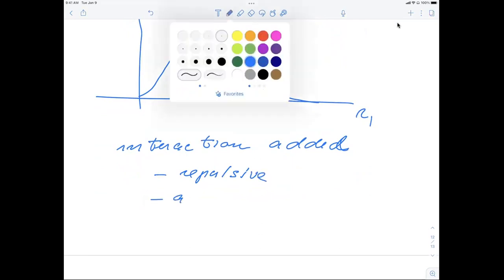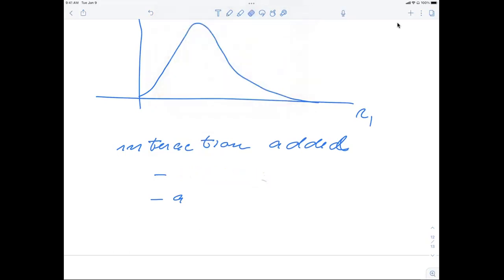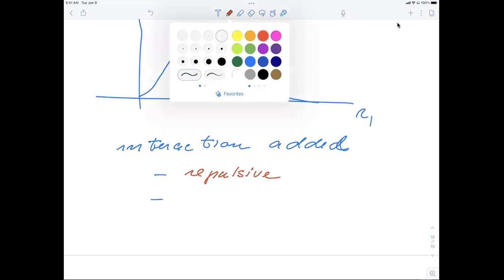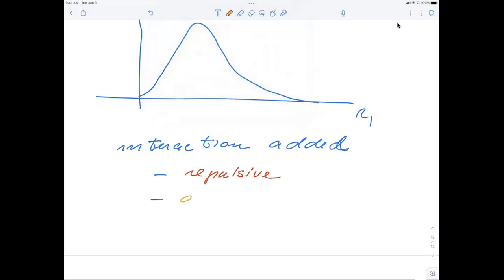So let me just change colors a little bit there. So I can have a repulsive interaction, so the particles repel each other, or I can have now an attractive interaction. So let's just write that one.